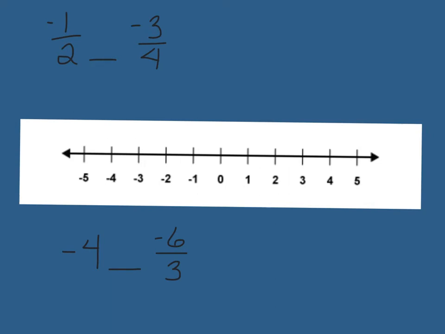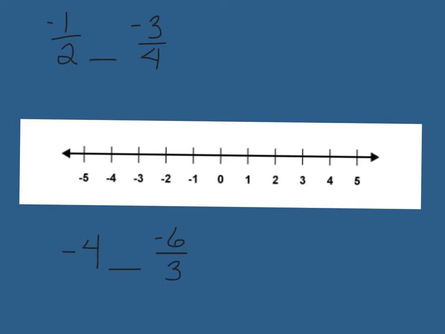Okay, so here's a couple for you to try. -1/2 compared to -3/4, and then -4 compared to -6/3. So go ahead and pause the video and try this. You'll write a number line down on your paper, and then come back and see how you did. Okay, so for this top one, -1/2 compared to -3/4.